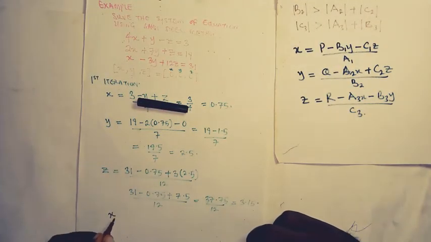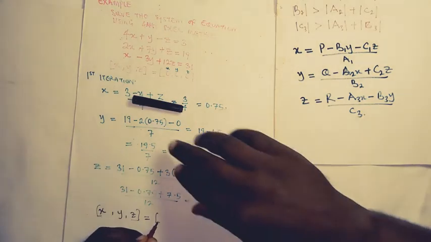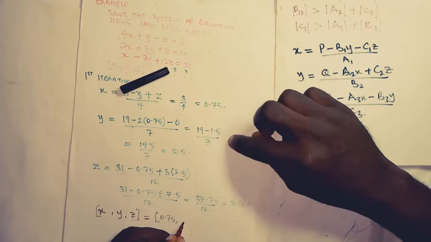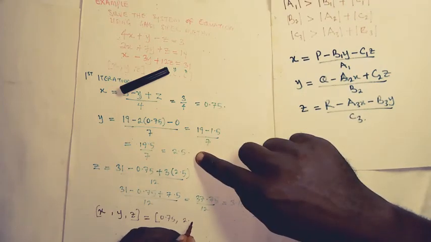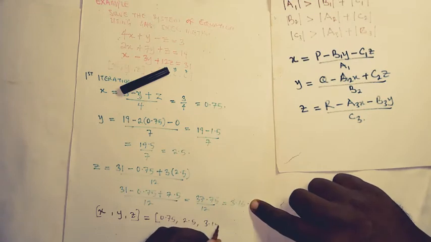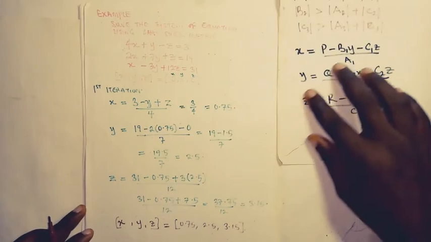So x, y, z are now equal to: x is 0.75, y is 2.5, and z is 3.15. And we are done with the first iteration.